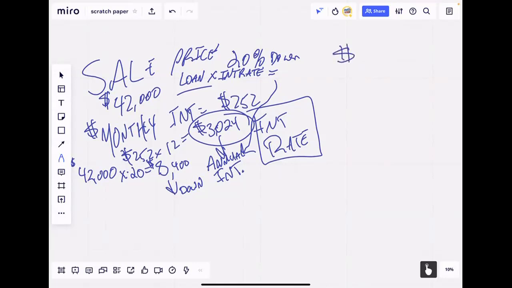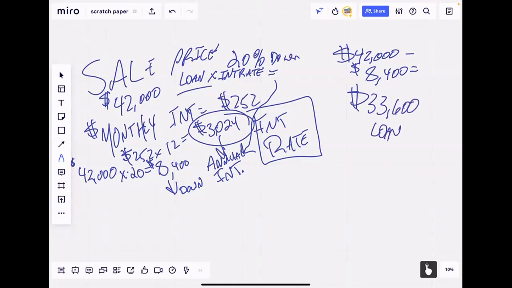So we would take 42,000 and subtract 8,400. Tell me what that is. That is 33,600. So that's the loan amount.